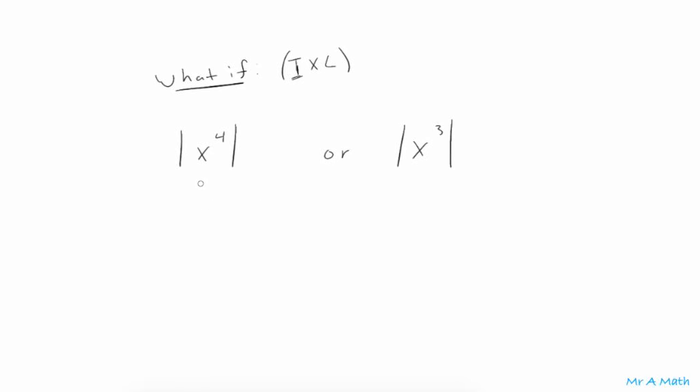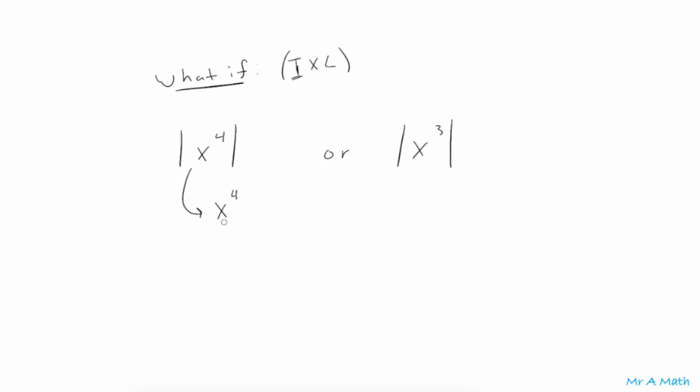So if you get an answer that looks something like this, when you're watching my video and you recognize, oh, I had an even root, so I have to make it the absolute value. If you got the absolute value of x to the fourth power, one thing to point out for IXL is I can actually just write this as x to the fourth power.